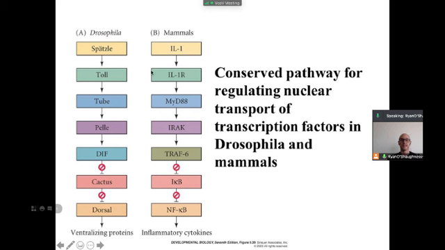Interleukin-1 binds the interleukin-1 receptor, and the receptor binds MyD88 and through the IRAK and TRAF6 kinases, TRAF6 degrades I-kappa beta, and I-kappa beta degradation allows NF-kappa beta to enter the nucleus and elicit an innate immune response.